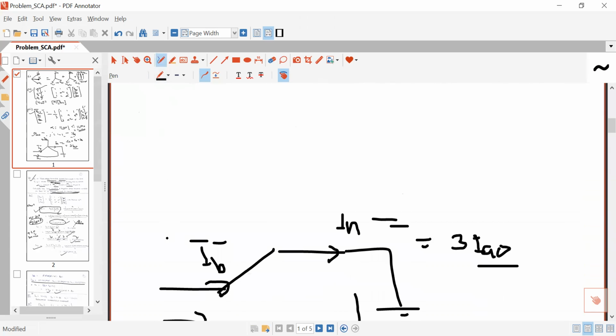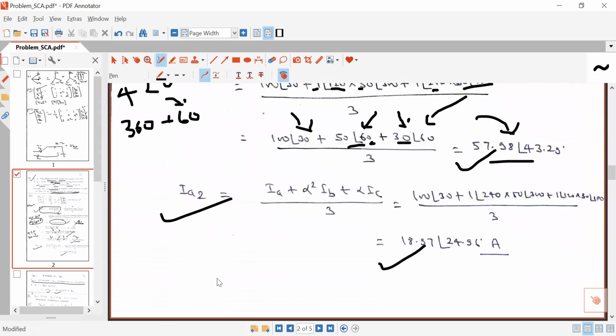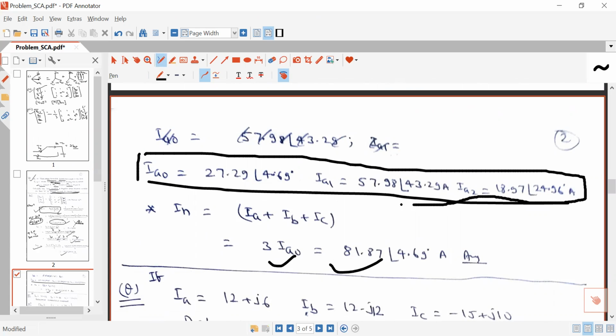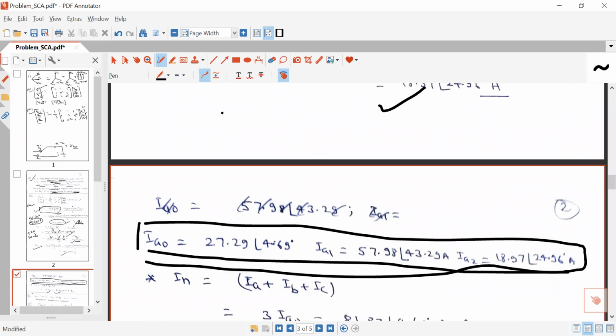And the second thing is, IA naught, IA1 and IB1 you have now calculated. Now, if I ask you what will be the value of IA2, IB1, or IB2, from these three pieces of information you can calculate the values of IB1 and IB2 as well.